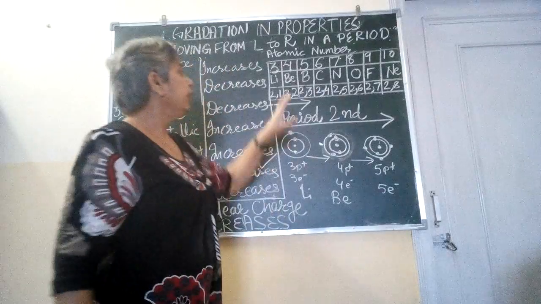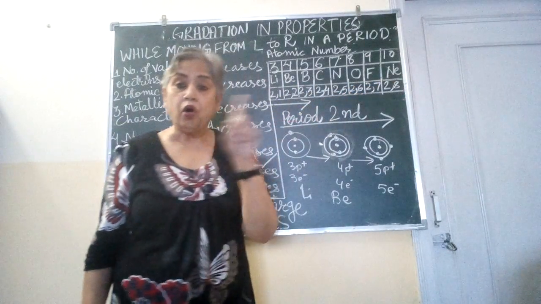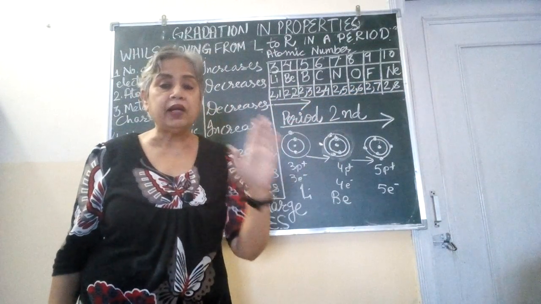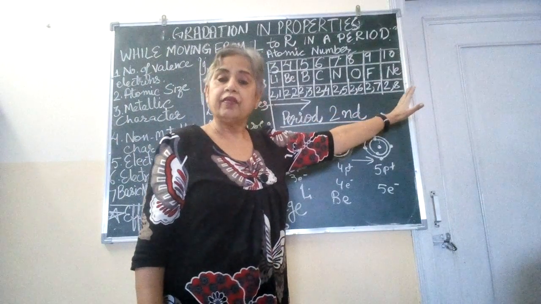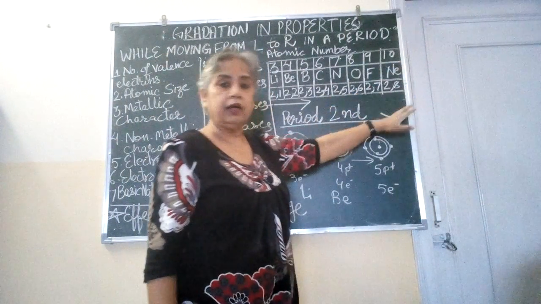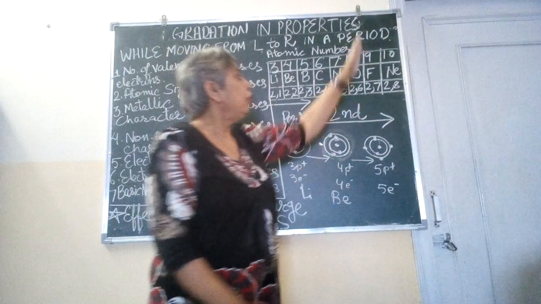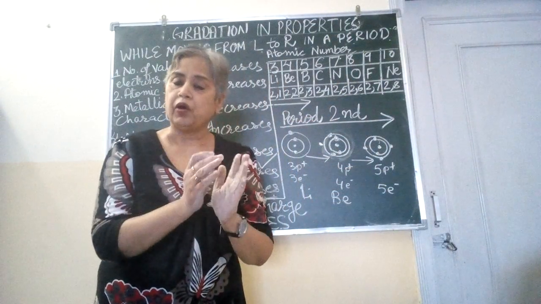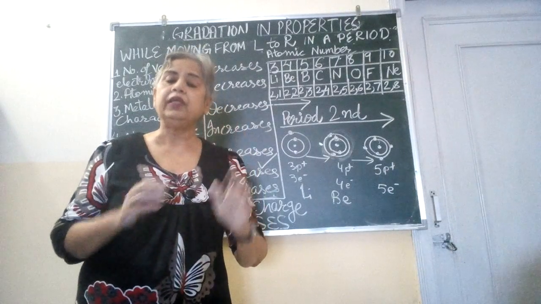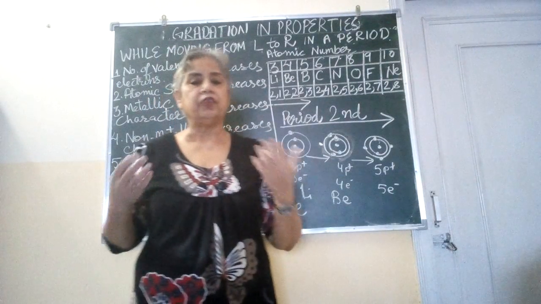It means neon is not going to be the smallest atom in the second period. Similarly, we have neon, argon, krypton, radon. So it is not that the group 18 element will be the smallest. It is group 17, but exceptions are always there.